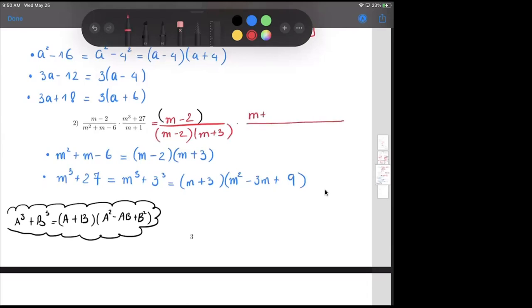So m plus 3 times m squared minus 3m plus 9. The bottom, m plus 1. Right. M plus 3, m plus 3, m minus 2, m minus 2 cancel. So your final answer will be m squared minus 3m plus 9 over m plus 1.